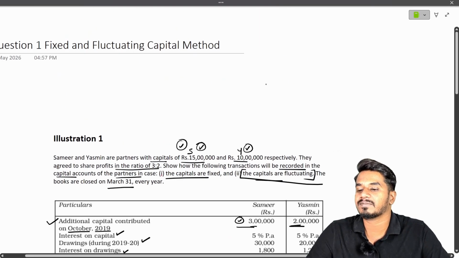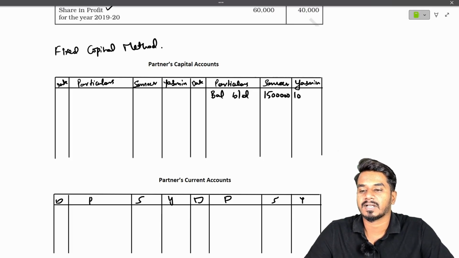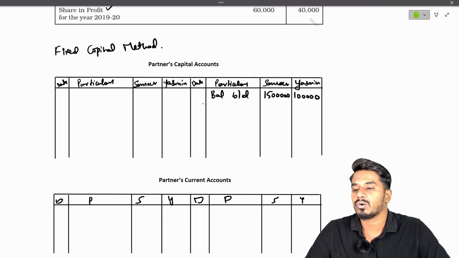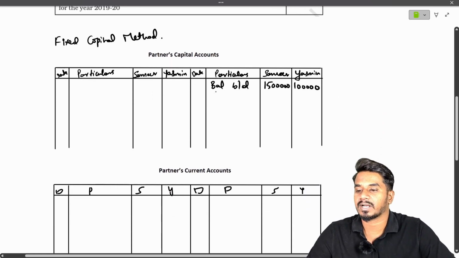So for Samir it is 15 lakh rupees and for Yasmin it is 10 lakh rupees. So 15 lakh, 10 lakh. Is that clear? And now whatever additional capital in between the year they have introduced, we need to show that.